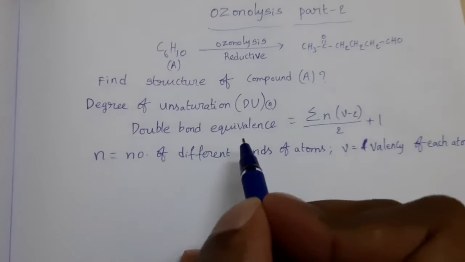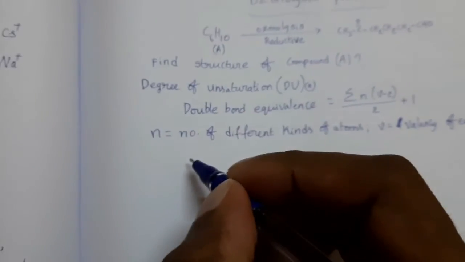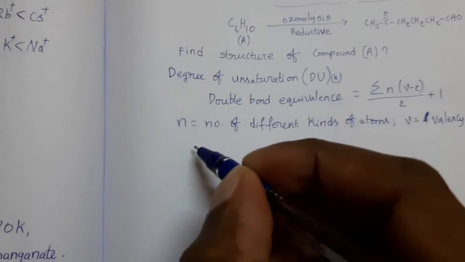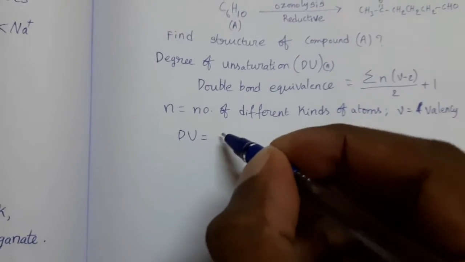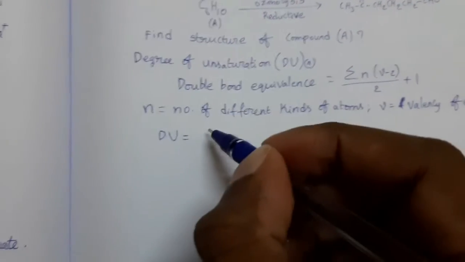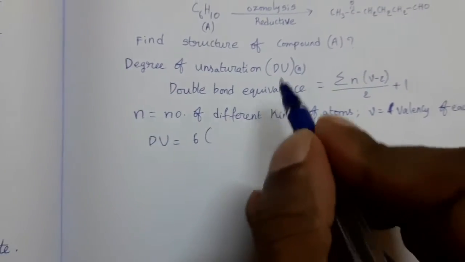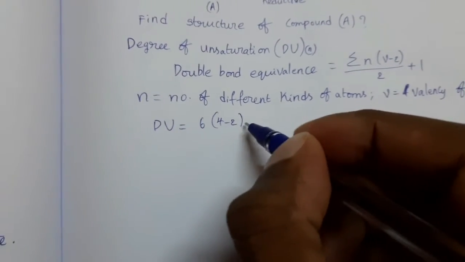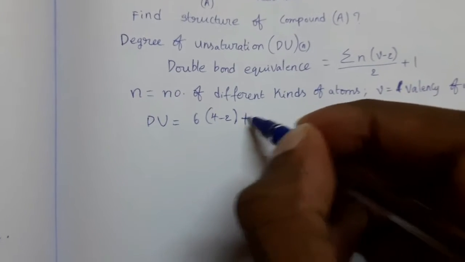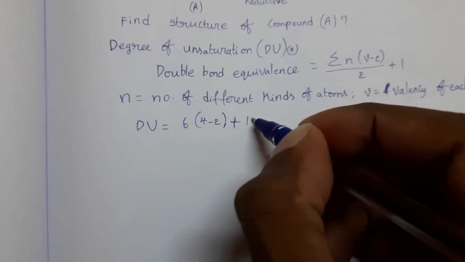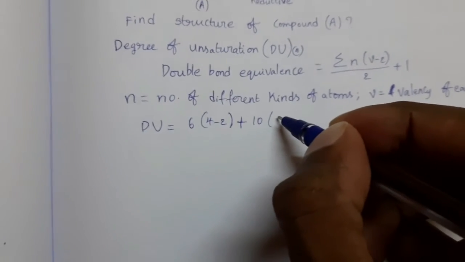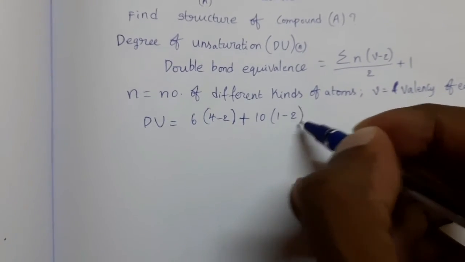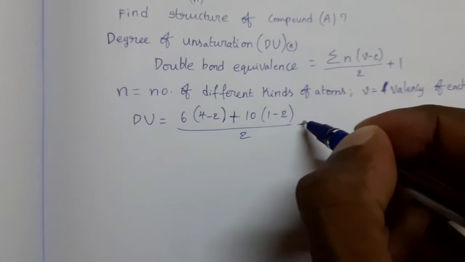Now apply this formula, then we can get degree of unsaturation DU equal to 6 into valency 4 minus 2, plus how many hydrogen atoms? 10 into valency 1 minus 2, divided by 2, plus 1.